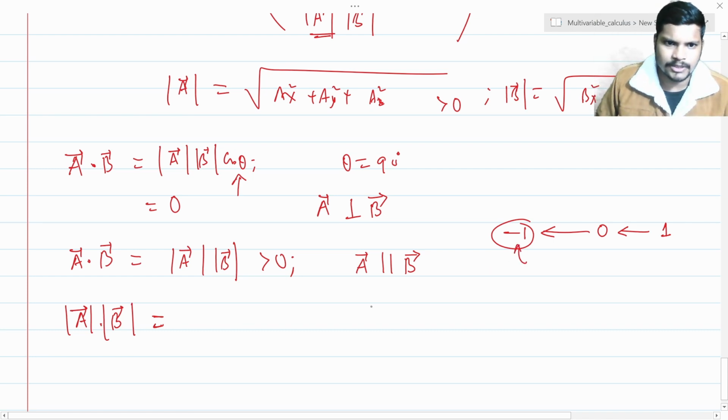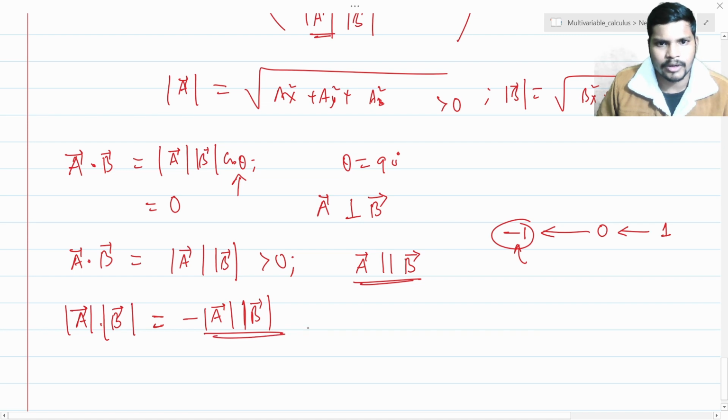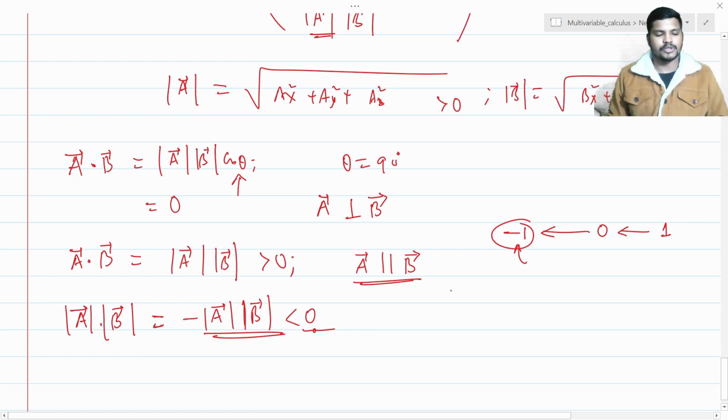If cos pi is minus 1, then they become antiparallel, although they are just parallel. Correct me if I'm wrong. So now it has become negative, taking its maximum negative value, so I will call this anti-parallel. Again, it is parallel, but the two directions are opposite to each other. But obviously they are parallel.